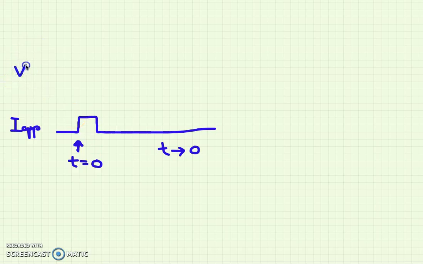Now the neuron membrane potential would be starting at rest, and that might be minus 65 millivolts or so. And when the stimulus occurs, the membrane will depolarize a little bit.